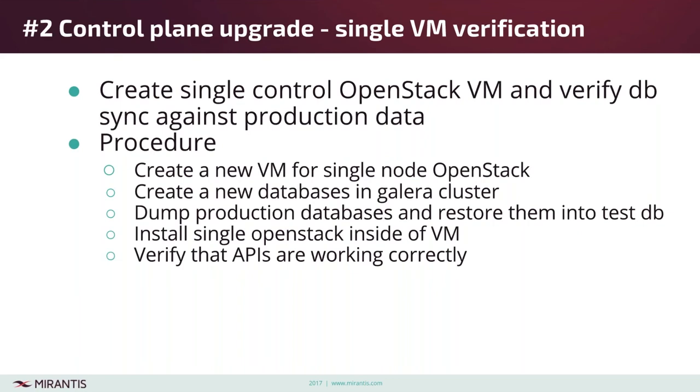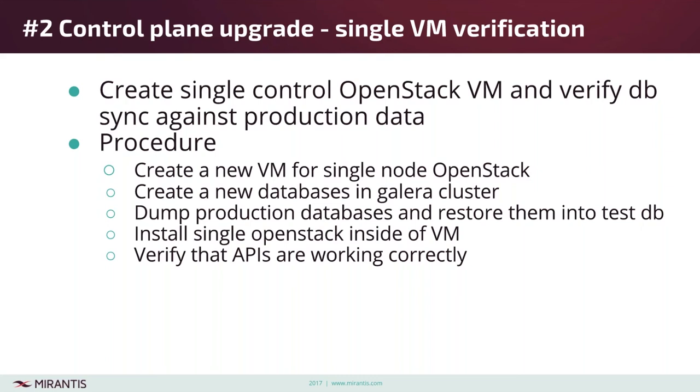So the second portion is going to be doing a verification of that database sync that I keep mentioning, and that the APIs are functional after an upgrade. The way that we're going to do that is we're going to create a new virtual machine to act as a single node OpenStack control plane.